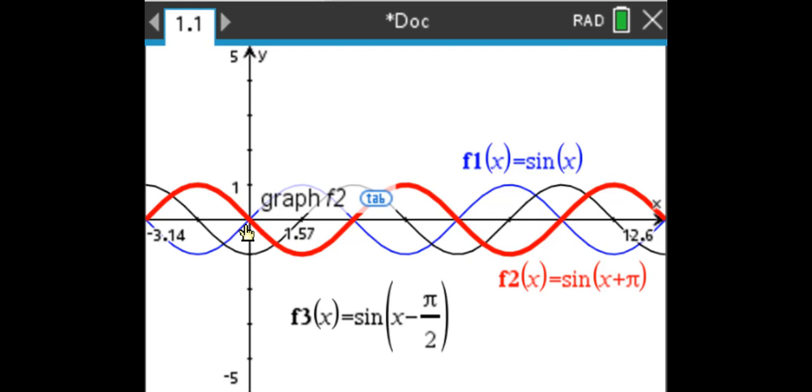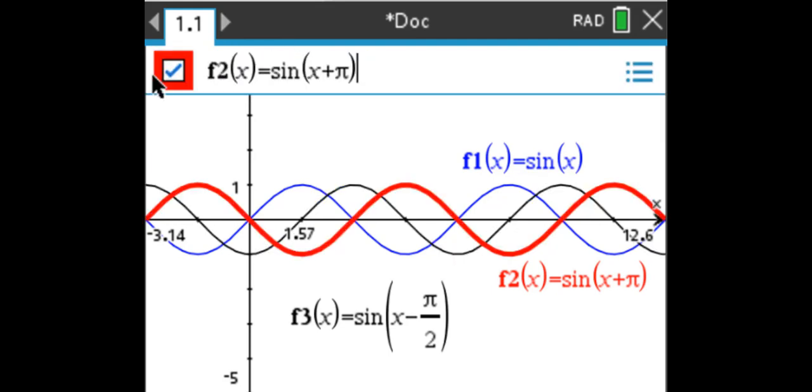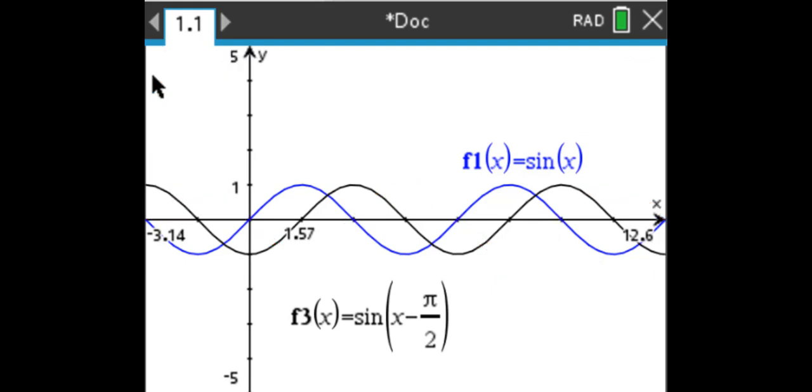So this 0, 0 point on my blue curve has moved to the right 1. I'm going to get rid of the red curve just so you can see that a bit better. Okay, so you can see that the blue curve has moved to the right pi on 2. So if I have minus pi on 2, it moves to the right.